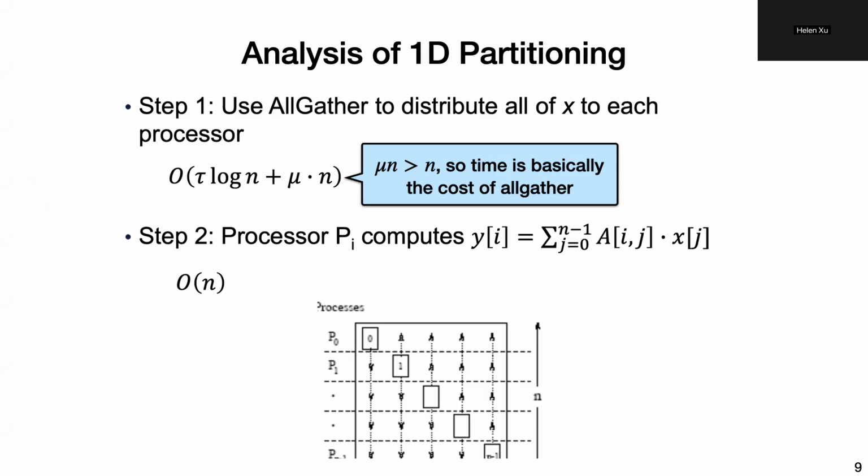So the total time of this whole thing, you add up both of them, and the time is mostly in this all gather, because already mu n is greater than n, not even thinking about this tau log n factor. So the time is basically dominated by the all gather in this case. Any questions on this part?